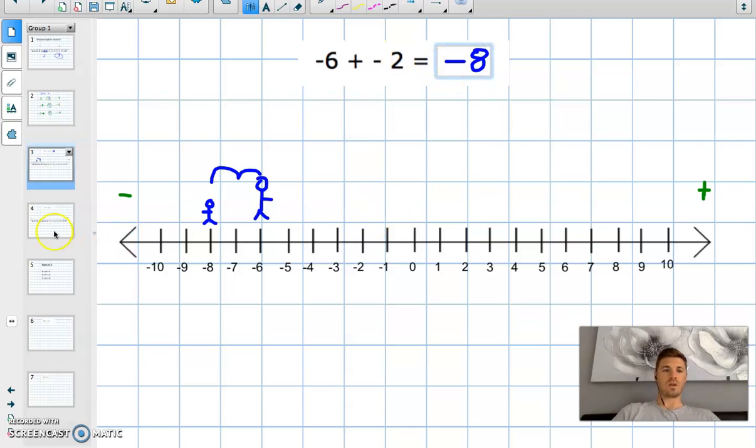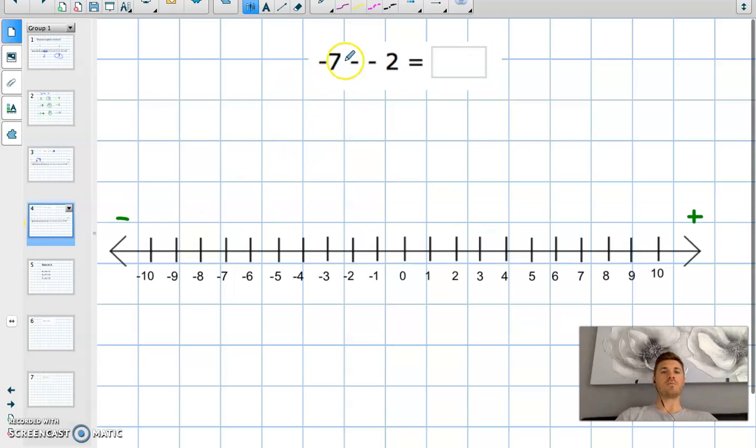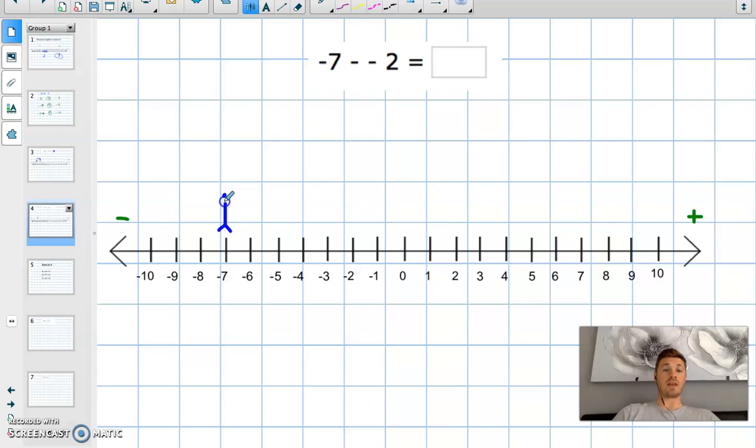I'm going to show you again. So what number are we on? Well, we're on -7, so I'm going to draw my man on -7 without any arms to start off with. I then look at the operation. The operation is minus, so I'm going to draw my arm towards the minus. I then look at the next number and the operation in front of it.